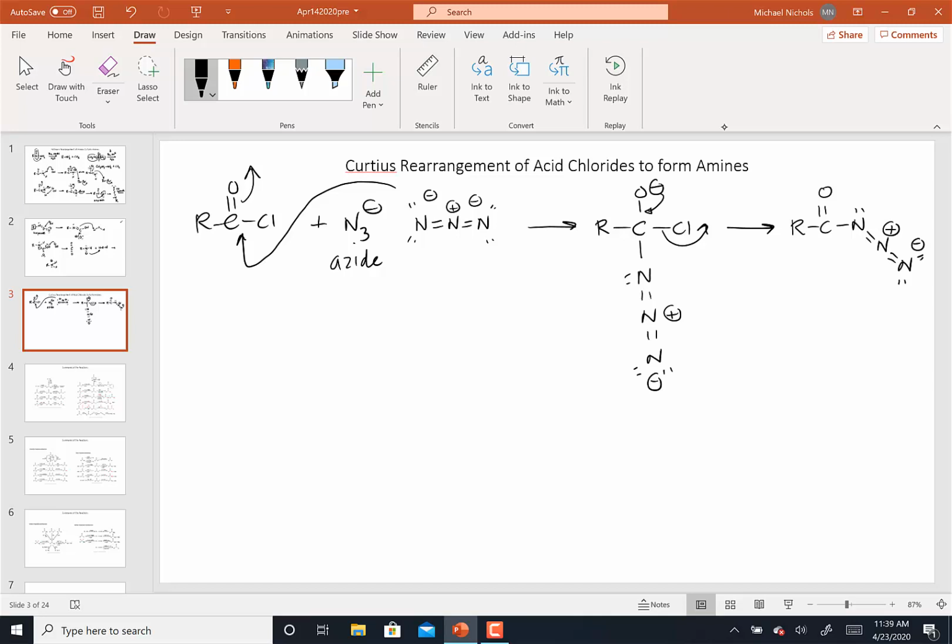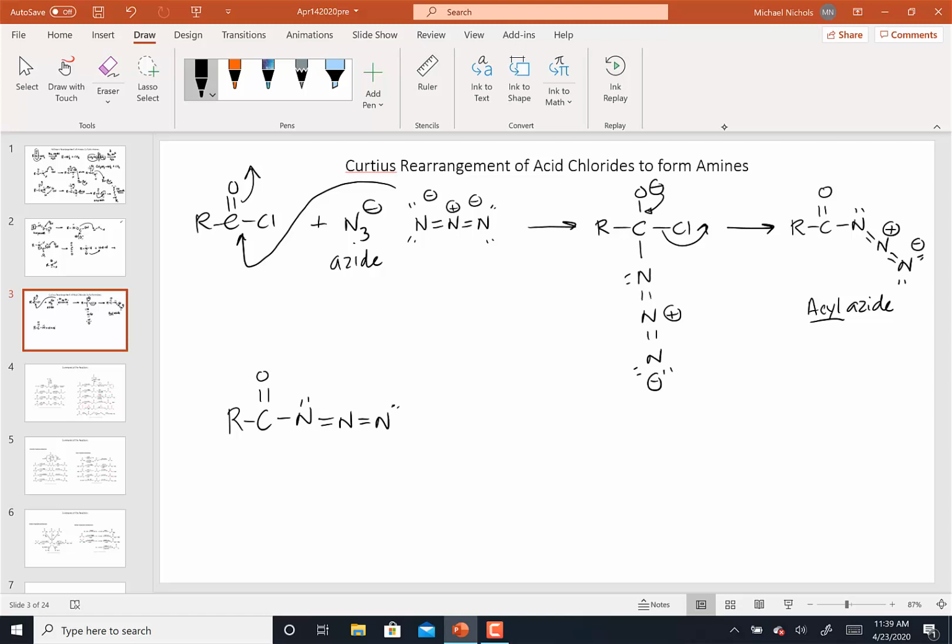So we'll end up forming this, which the textbook calls an acyl azide. All the acyl term means is that there's a carbon-oxygen double bond in it. Then what's going to happen is we're going to heat this. So I'm going to rewrite this down here, and we're going to simply heat that acyl azide.